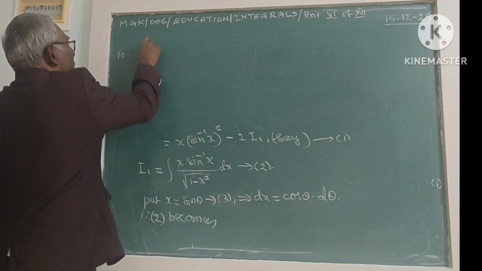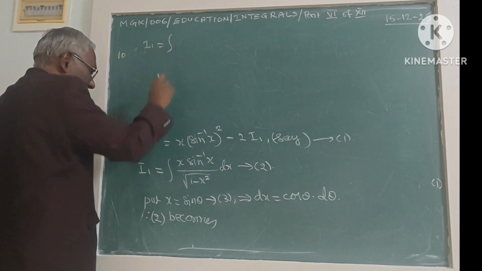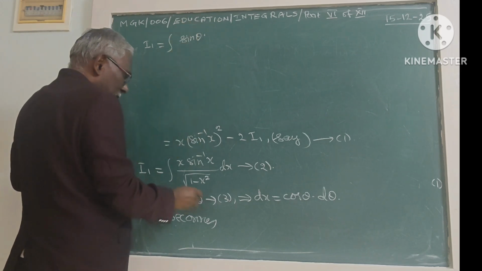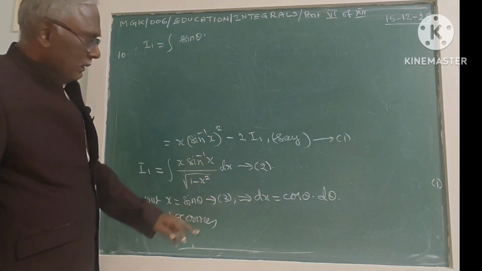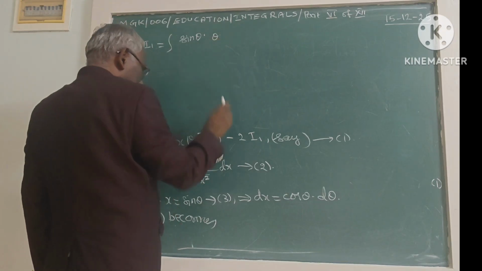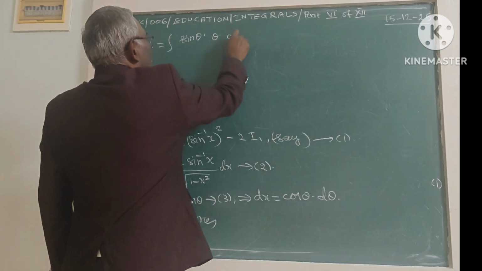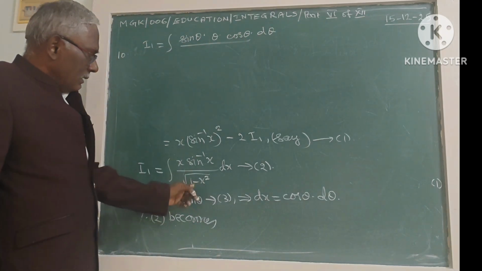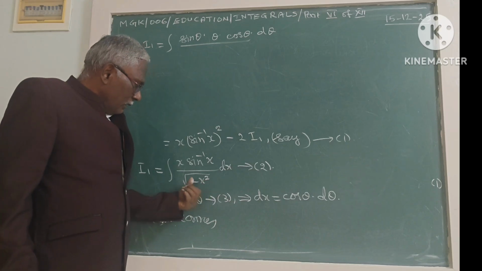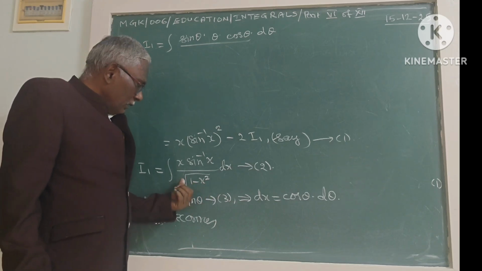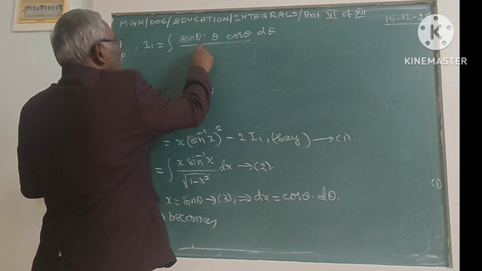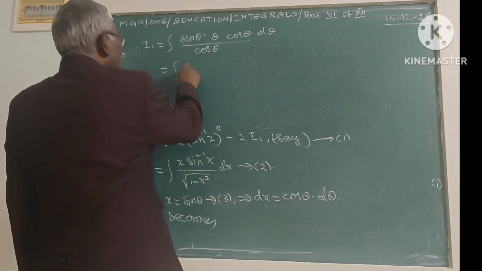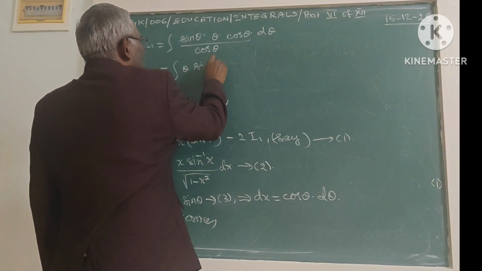Therefore I₁ is equal to integral x is sin θ, sin⁻¹x. Sin⁻¹ of sin θ is nothing but θ. dx is cos θ dθ by, x is sin θ, x² is sin²θ, 1 minus sin²θ is cos²θ, square root if we take, it will become cos θ. So it reduces to integral θ sin θ dθ.